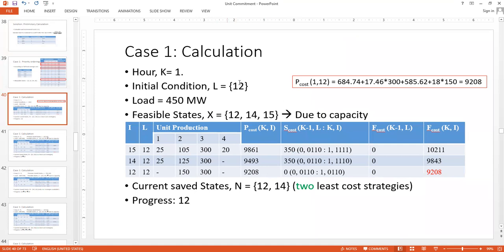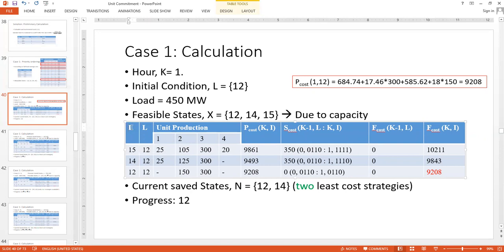Now we have to start our journey from the initial state of 12. The L column gives us the initial state. What are the feasible states where the transition is possible? These are listed under the symbol I. These are the feasible combinations.